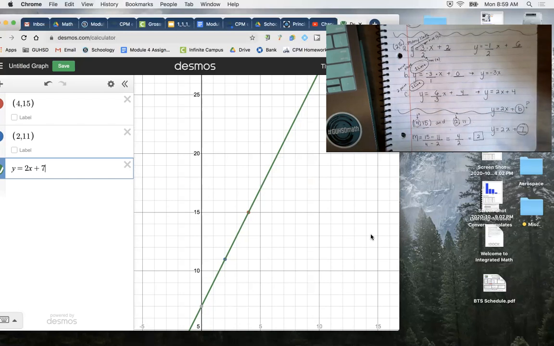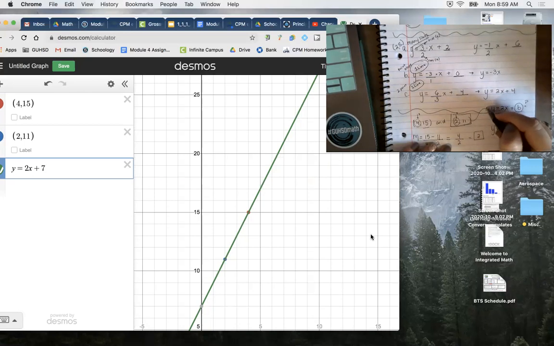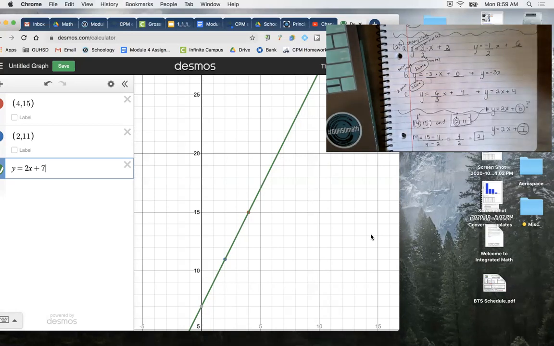So let me just pick one. I'm going to pick 2, 11. It doesn't actually make any difference at all. I'm going to plug that point in here. For y, I plug in 11. 11 equals 2 times, for x, I plug in 2, and then I have my plus b. This is 11.